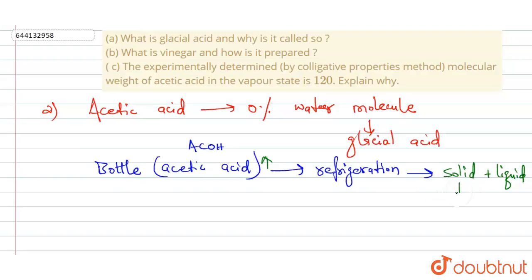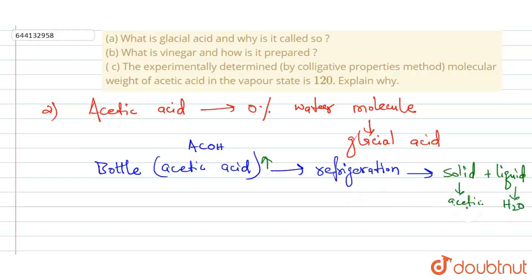What do we have? Solid is acetic acid. And what do we have as liquid? This is H2O, because acetic acid will freeze down because the melting point is higher, and we can easily invert the bottle and have the H2O out.